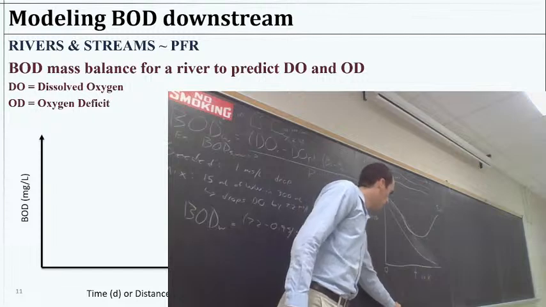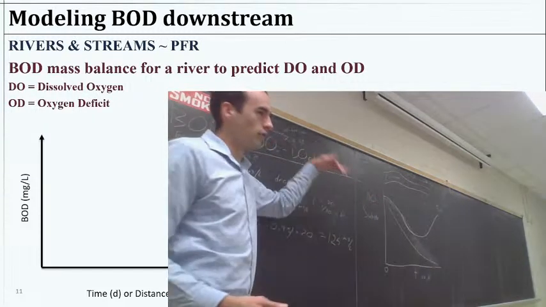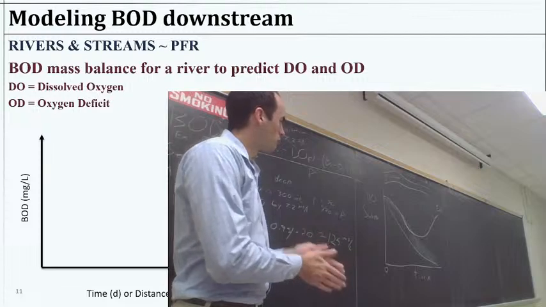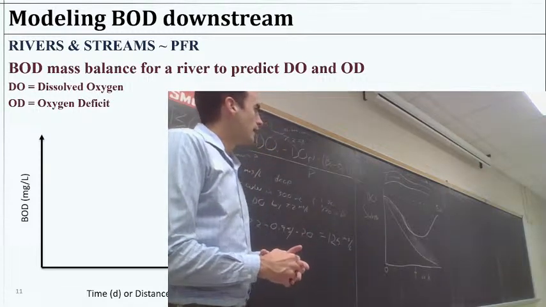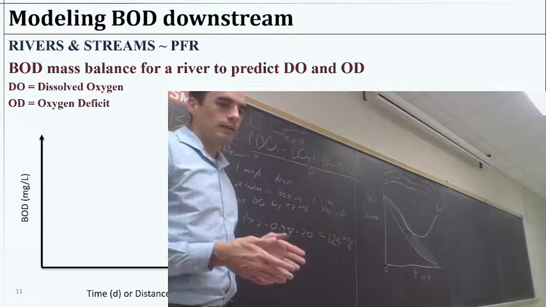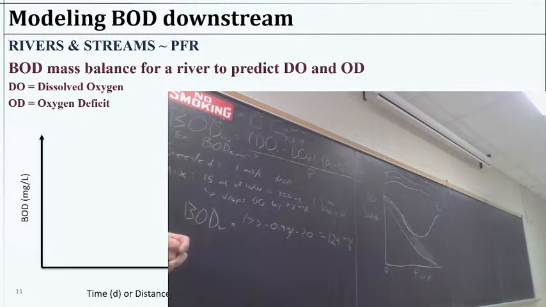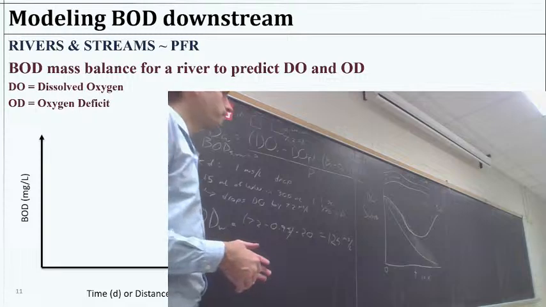Okay, so that would be just decreasing over time, kind of as if it was in a batch reactor. Should be first order with respect to how much substrate is there. And so that would be the way it looks for the dissolved oxygen given some amount of substrate.